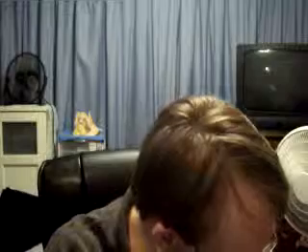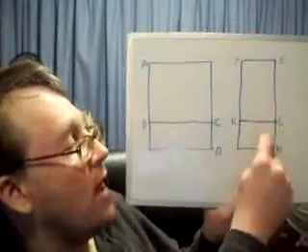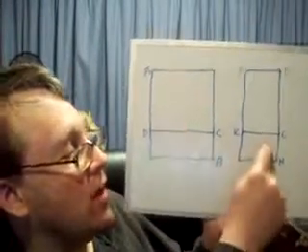And since DB is rational and equal to KH, therefore KH is also rational. This is equal to this. This is rational. This is rational.